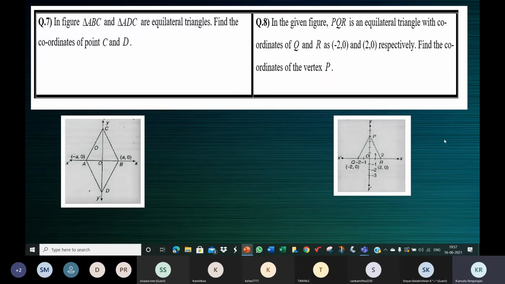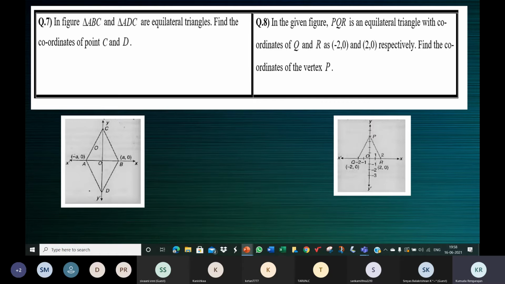Plus one more thing is we know that we need to find OP, the length of the altitude of the triangle. OP is the altitude. We need to use the formula to find the length of the altitude. And the length of the altitude is, as some of them have found out, root 3 by 2 into A. A is 4 units. So it's 2 root 3.